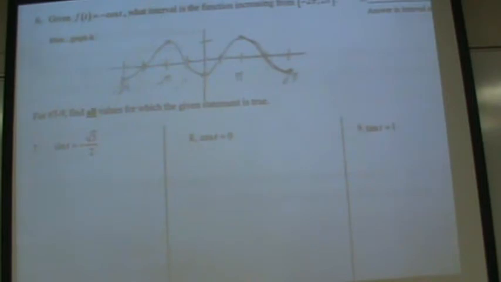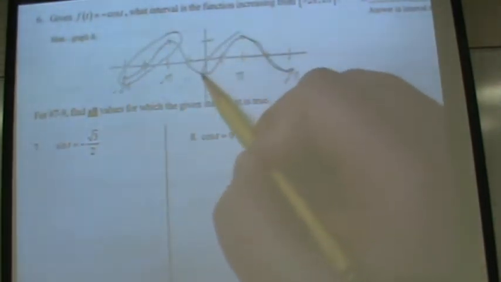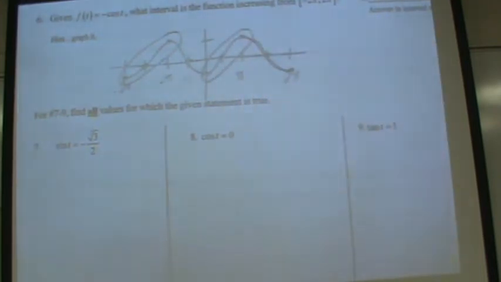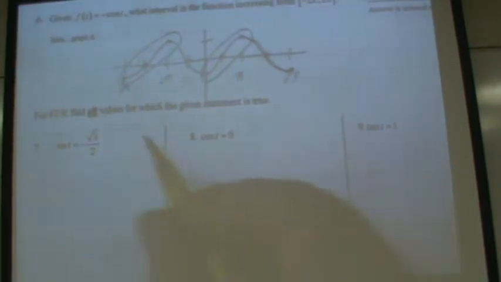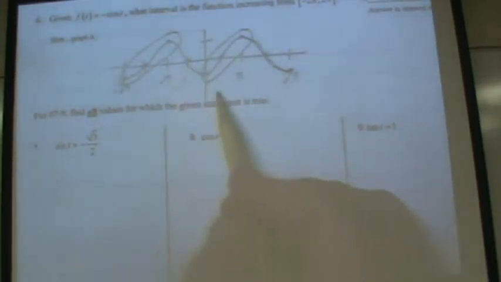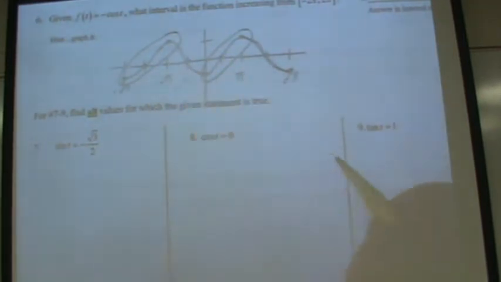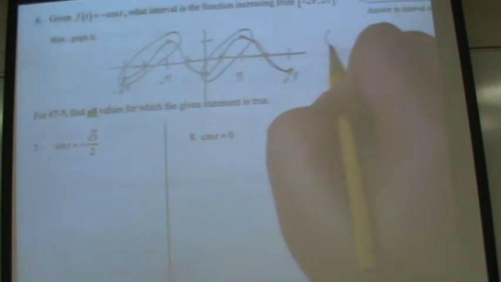So now what the question is asking is for the interval in which the function is increasing. So your cosine function is increasing here, and it's increasing here, in those two sections. And you need to write your answer in interval notation. So remember, when you have an increasing or a decreasing area, your endpoints are not included. So that means we're going to use parentheses.